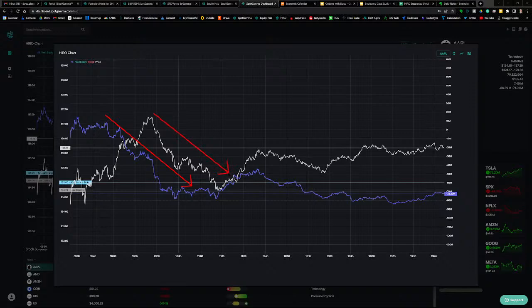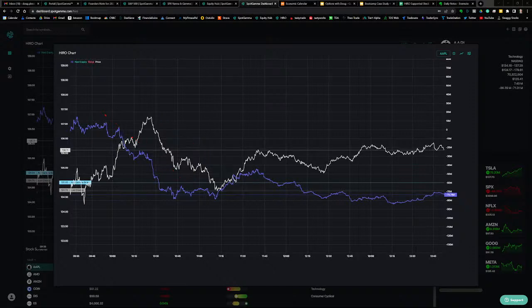And then price follows a few minutes later. It looks like almost a half an hour later. So it gives you plenty of time to watch for this setup and look for a point on Bookmap of potential reversal. So let's do that. Let's go to Bookmap now.